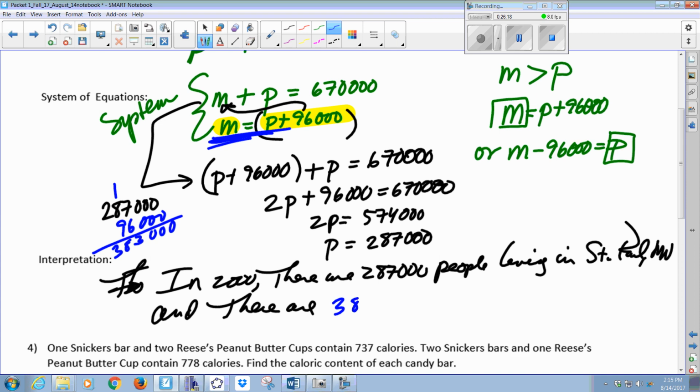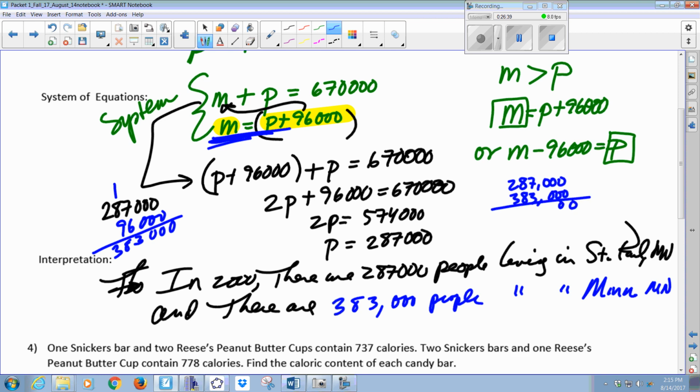There are 383,000 people living in Minneapolis, Minnesota. And just to be sure, I'm going to check by adding those two numbers together to make sure they equal 670,000, because I like to know that I did it correctly. And voila, it checks.